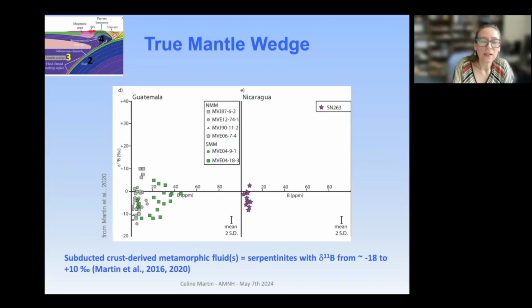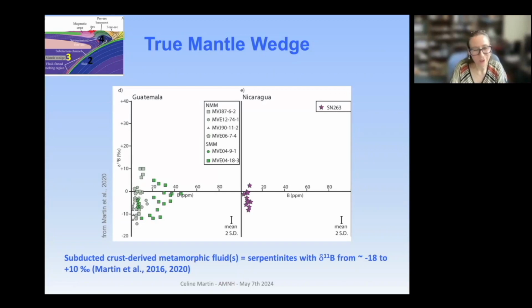And so in two subduction zones, in Guatemala and one from Nicaragua, we clearly see that the serpentinites in contact with these subduction zone fluids are very, very negative, down to -80. So we interpret this negative value as being serpentinites coming from subducted crust-derived metamorphic fluid.